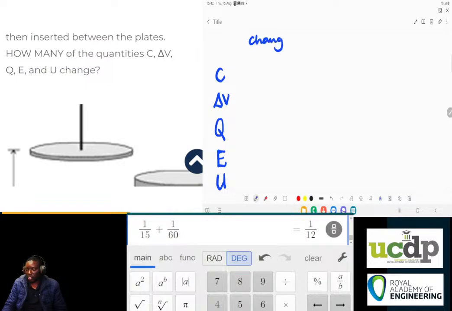We want to know whether it changes or not. So we would use yes or no. Will the capacitance change?